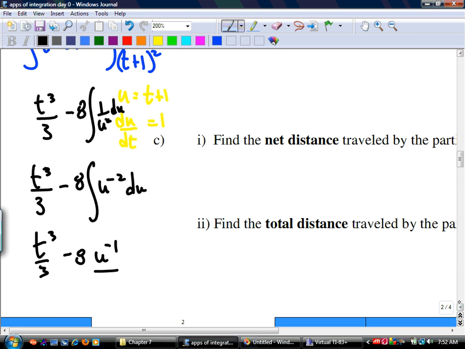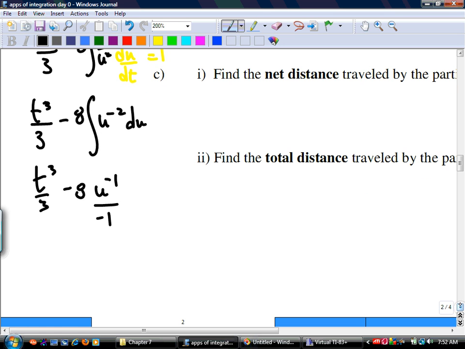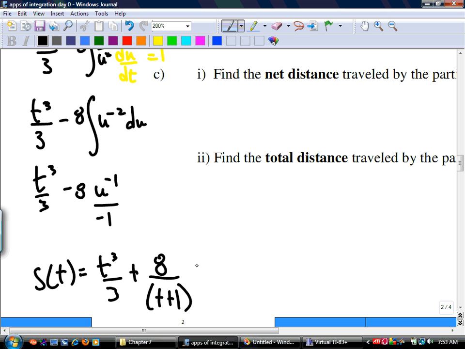Now we can come all the way back up here. I don't have room, so I'm going to write it like this. s of t equals t cubed over 3 plus 8 over u. Well, what's u? t plus 1, plus C.